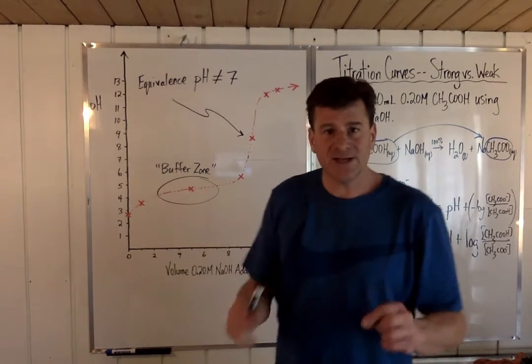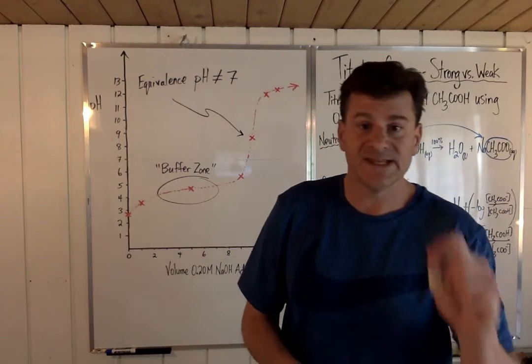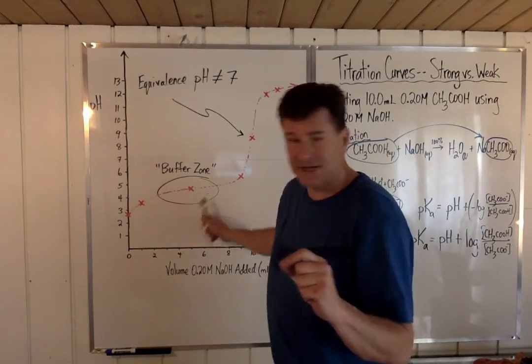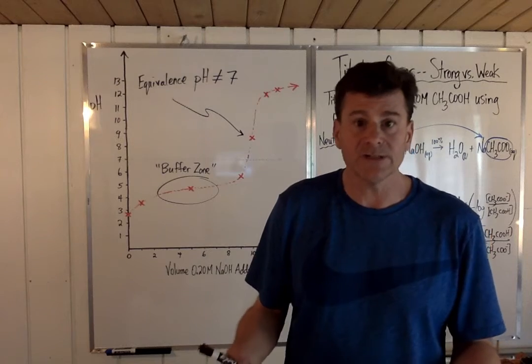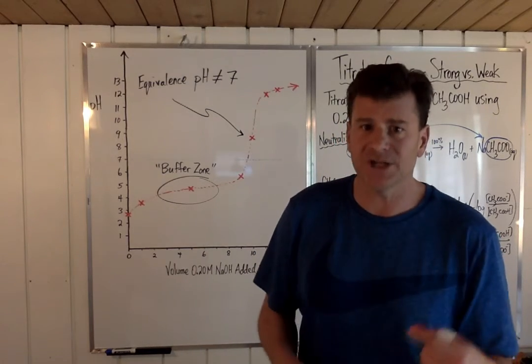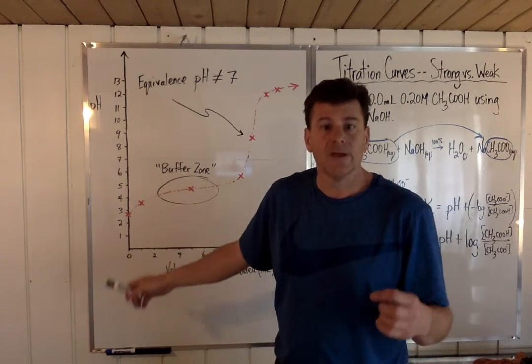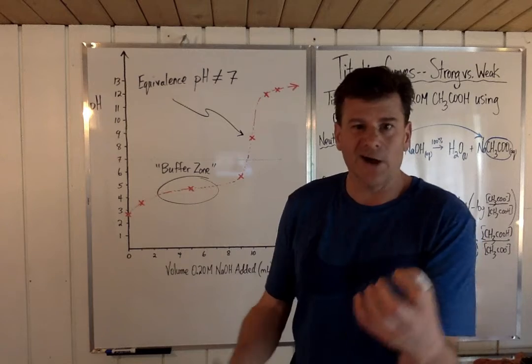The plateau is visually telling you a resistance to a change in pH, because in this whole section in here, you're adding really strong base, like you're adding sodium hydroxide. It should be changing more rapidly than it is in this section. But because you've created a buffer solution, it is almost like a sponge.